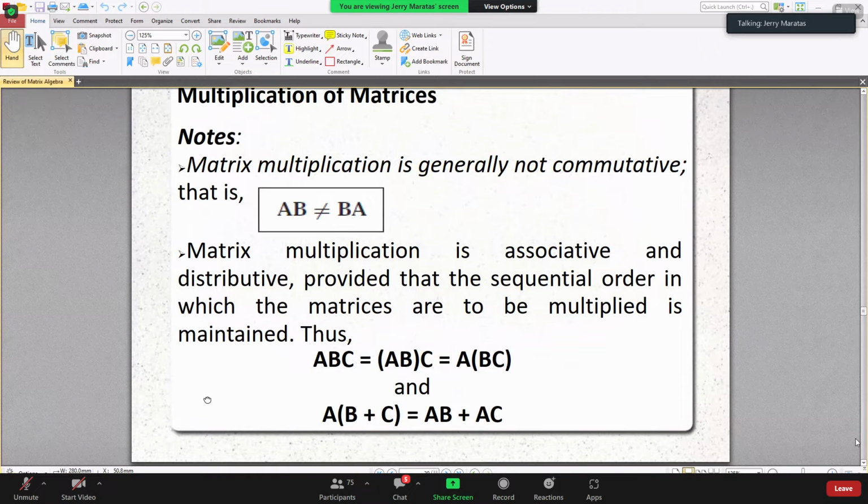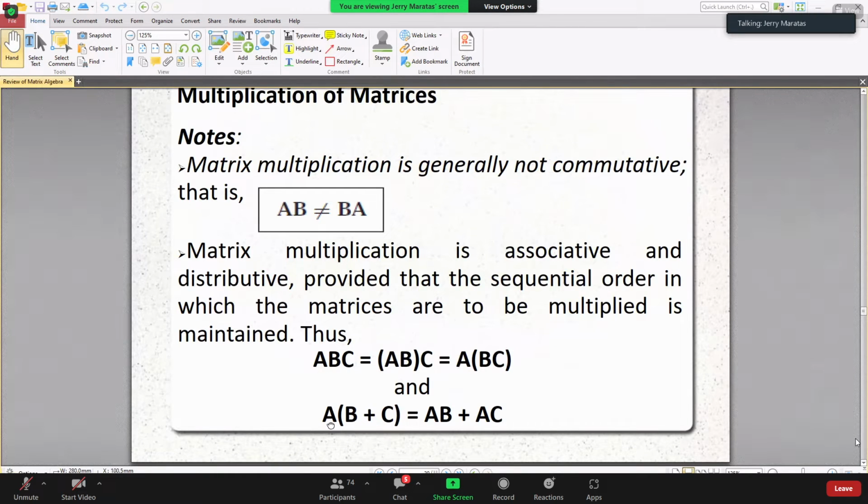For example, we have matrix A, matrix B, and matrix C. If you multiply the three, you can do AB first, then after that multiply by C. Or you can take A and multiply it by BC. That's the same, provided that your sequence is maintained.